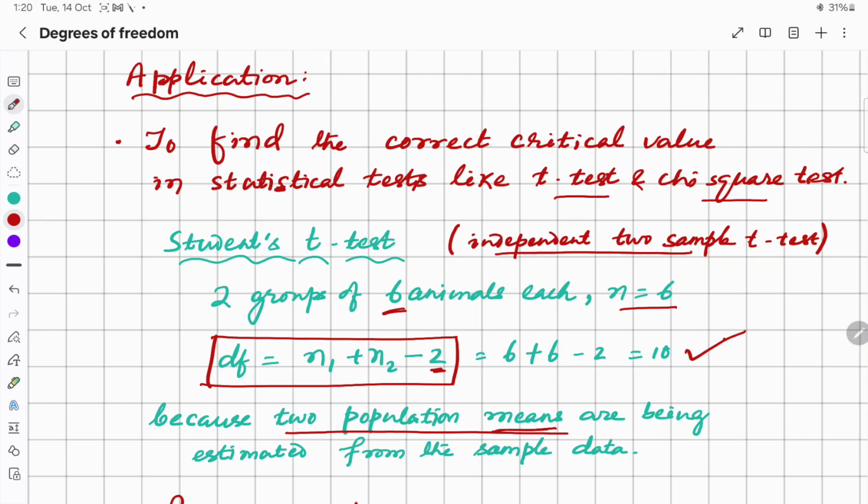Because we have taken 2 groups, there will be 2 population means, so we have subtracted 2. Or you can simply say for group 1 n1 minus 1, for group 2 n2 minus 1, and total n1 plus n2 minus 2. So this is the formula for degree of freedom.